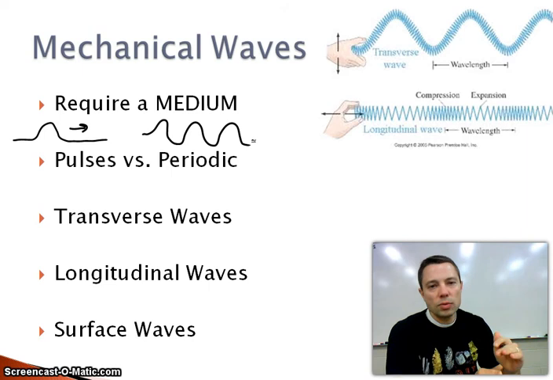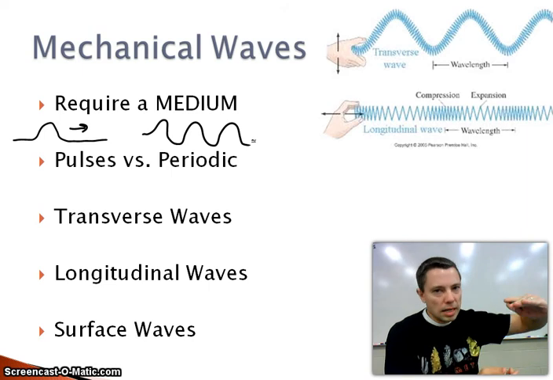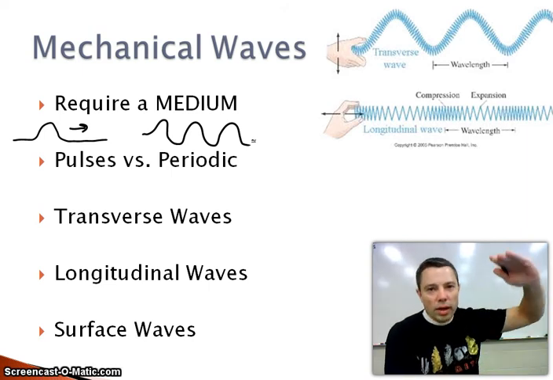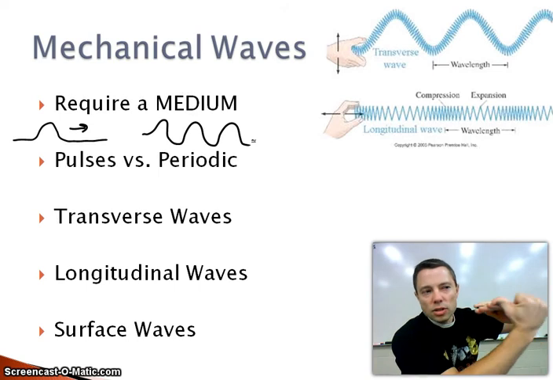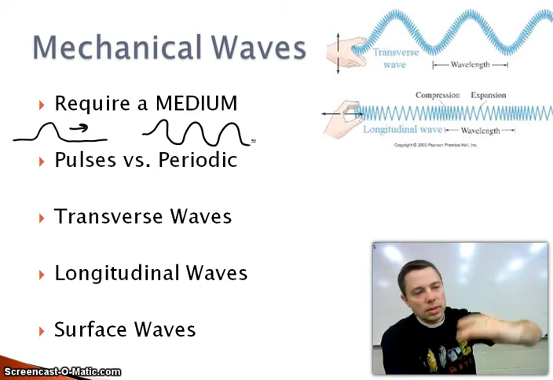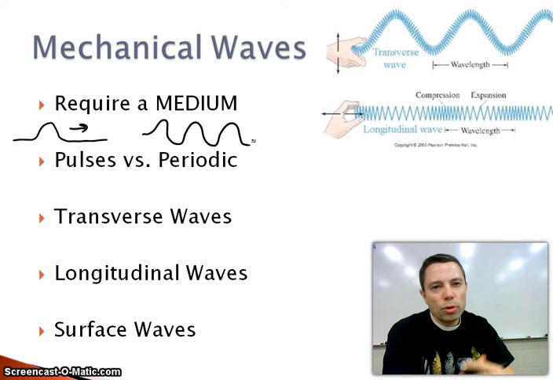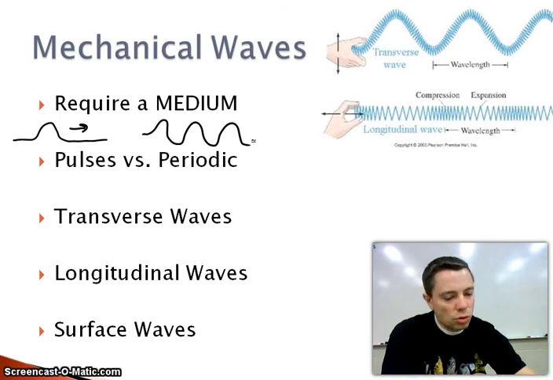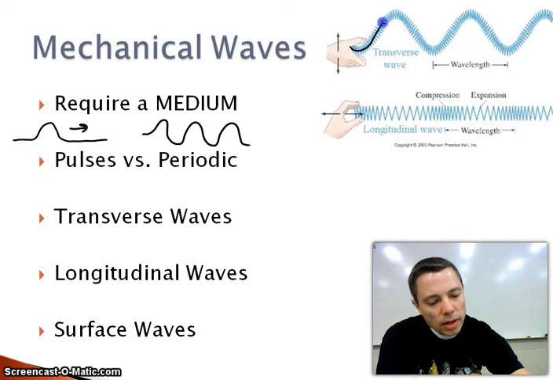Transverse waves are waves in which the matter, the medium, is vibrating back and forth this way, but the wave energy is traveling this way. So we see this up and down, and it's what we call a perpendicular motion to the movement of the wave. Okay, so this is my example of a transverse wave.